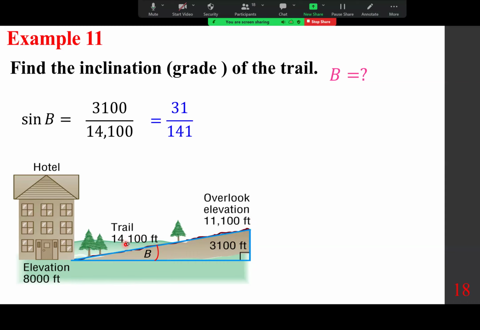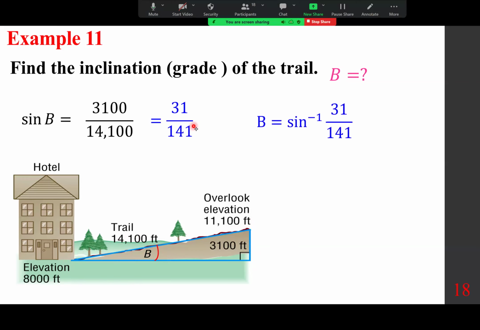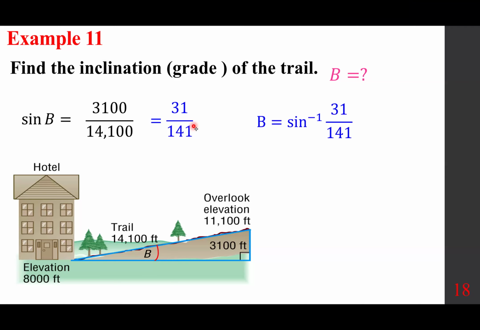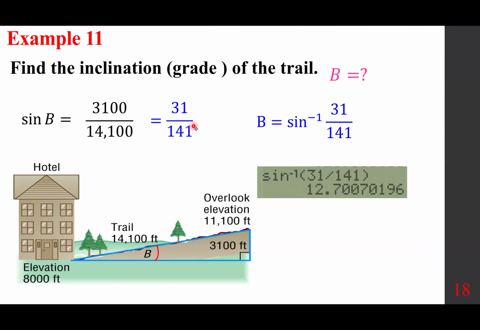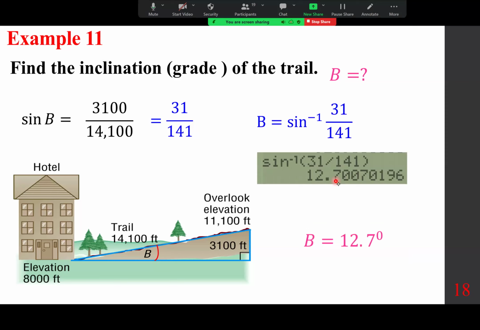So 31 over 141. It's not a common arc. You have to put it into a calculator. So B is sine inverse of this number. Put it into a calculator. If you go with one decimal, 12.7, because again, normally they ask you the number of decimals.